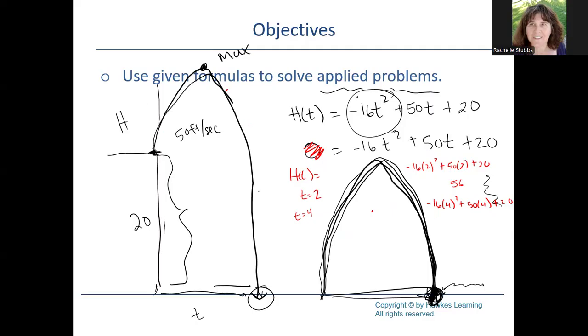And 4 squared is 16, and 16 times 16 is 256. That's a negative 256 plus 200 plus 20. That tells me that it's in the negative. It's gone into the earth.